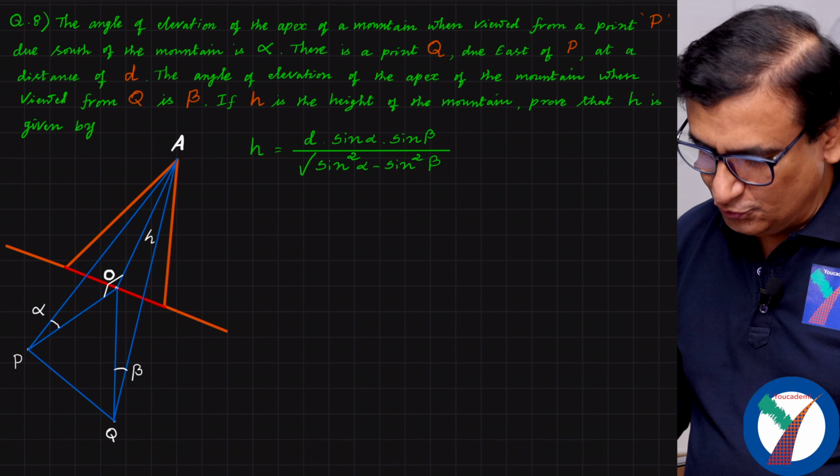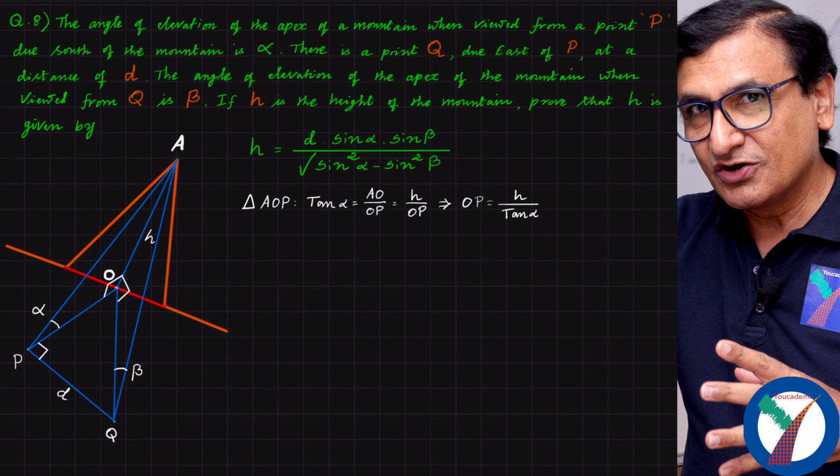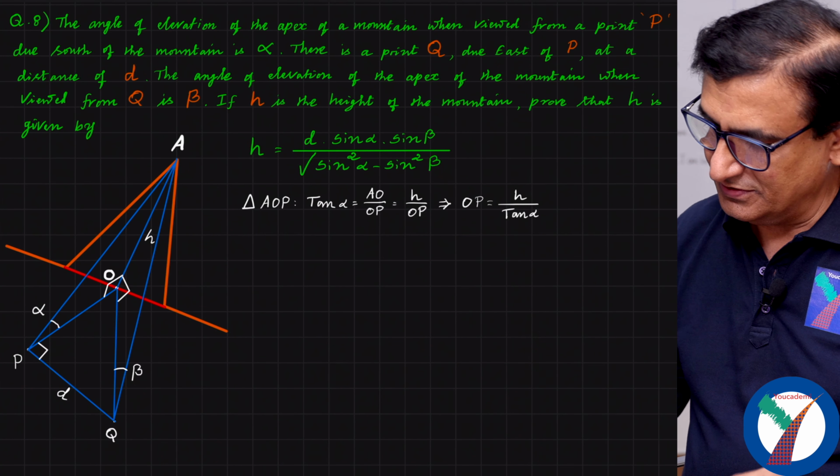Okay, now in the triangle AOP, tan alpha would be AO, that is the opposite side, which is nothing but h divided by OP, which implies OP equals h divided by tan alpha. And we can write tan alpha as sin alpha divided by cos alpha. Therefore, OP would be h multiplied by cos alpha divided by sin alpha.